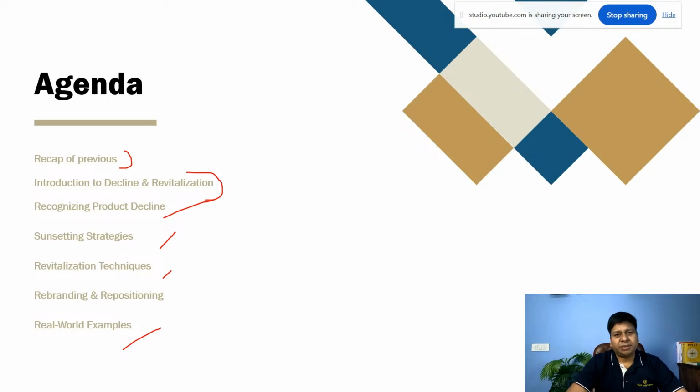We have seen many products which we may have been using 5 or 10 years ago that are not available in the market right now. They have declined, they have phased out, right? So we'll see all these strategic aspects from this point of view.